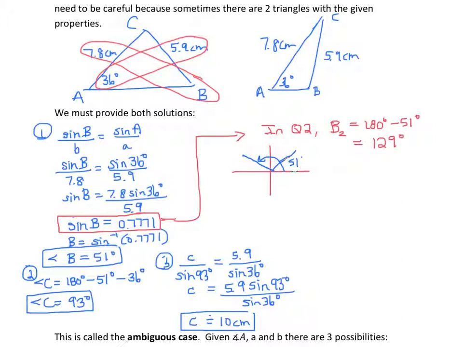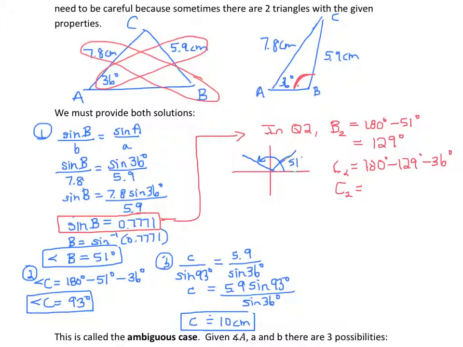And if you look up at the second version of the triangle we drew, that makes sense, because this is clearly an obtuse angle. Okay, so now we've found that possible angle. Now, if that angle was 129 degrees, then C, okay, in this triangle would be 180 degrees minus 129 degrees minus 36 degrees.